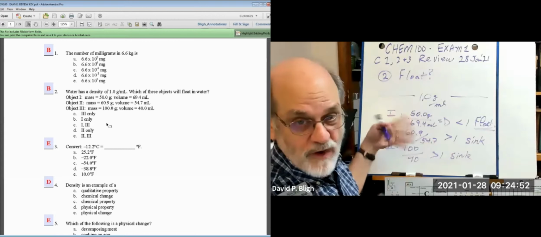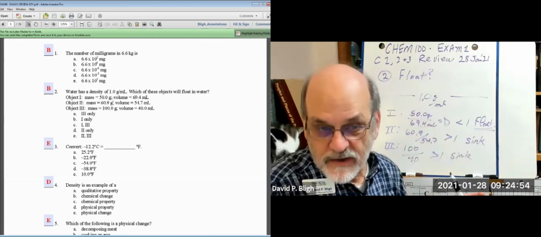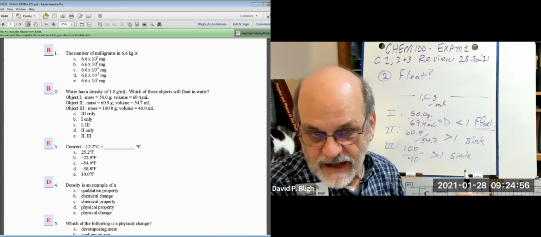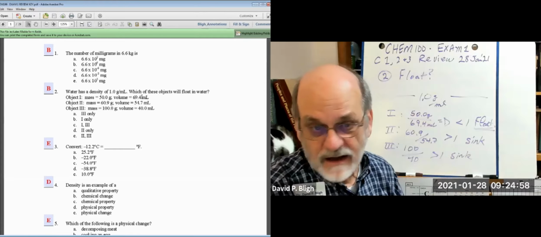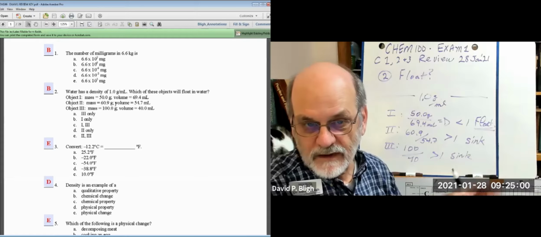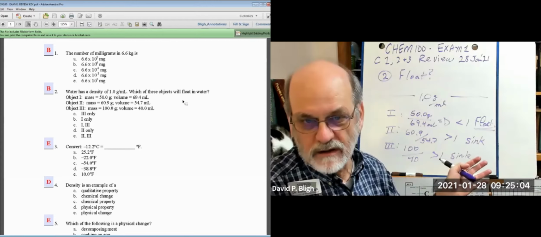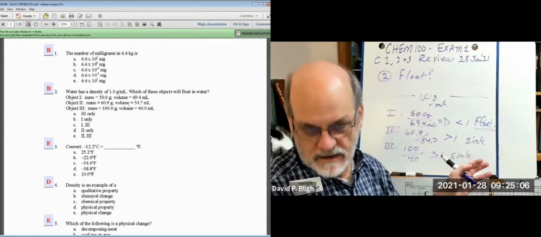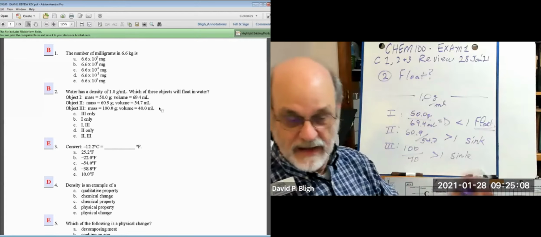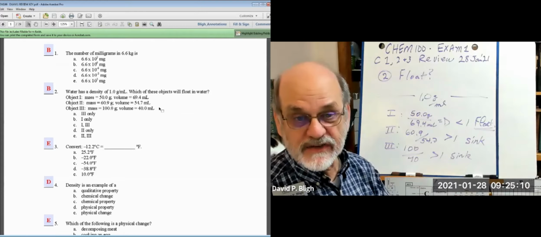In fact, you don't even have to write it up here. You just say the ratio in your mind: 50 divided by 69, less than 1. 60 divided by 50, greater than 1. 100 divided by 40, greater than 1. And you got your answer in 15 seconds.